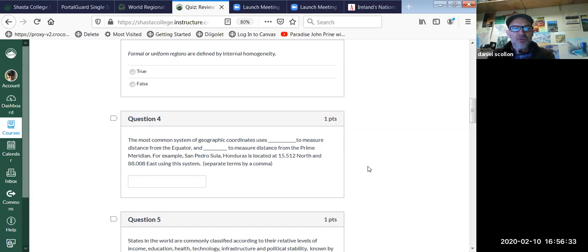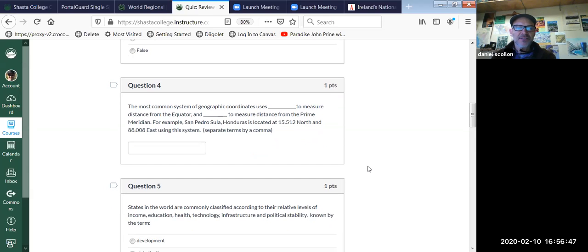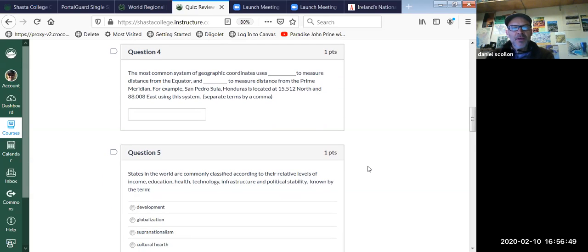Formal regions or uniform regions are indeed defined by internal homogeneity. You can think of the Central Valley, for example, of California, that has uniform flat terrain, agricultural practices, for example. The next question here, the most common system of geographic coordinates uses latitude to measure distance from the equator.